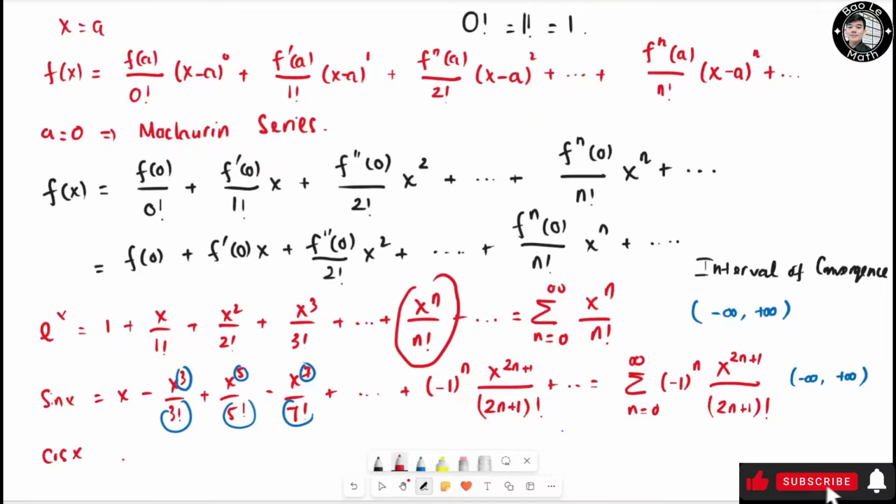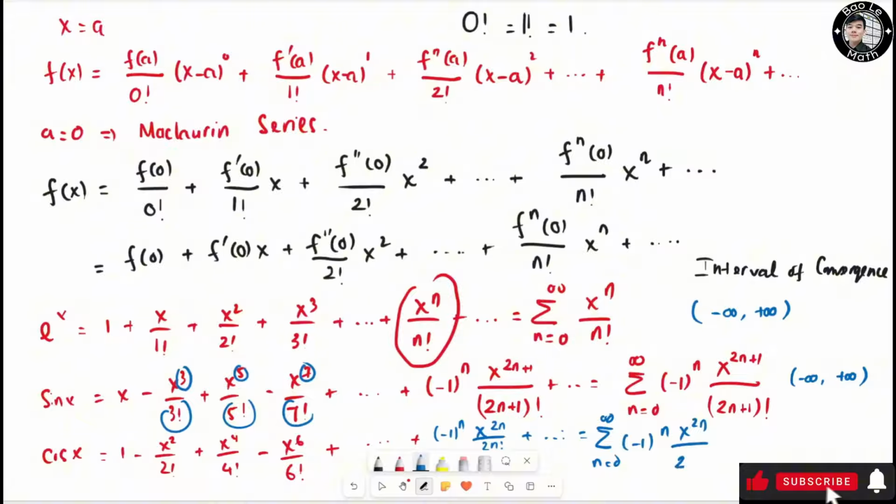The cosine is an even function, so it should be 1 minus x squared over 2 factorial plus x to the 4 over 4 factorial minus x to the 6 over 6 factorial plus etc. In summation notation, it starts from 0 to infinity of negative 1 raised to the n times x raised to the 2n over 2n factorial. And again, the interval of convergence of the series is negative infinity to positive infinity.